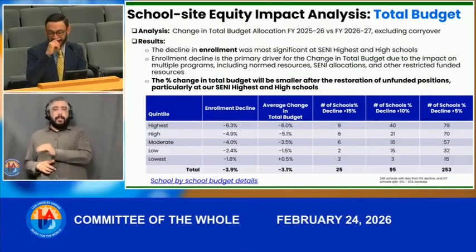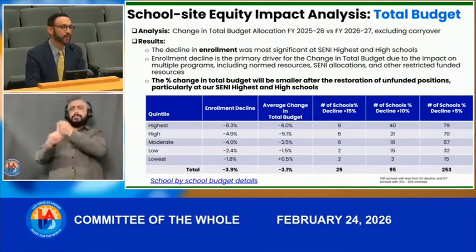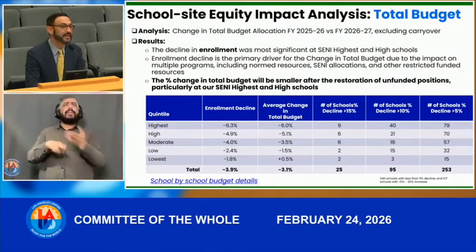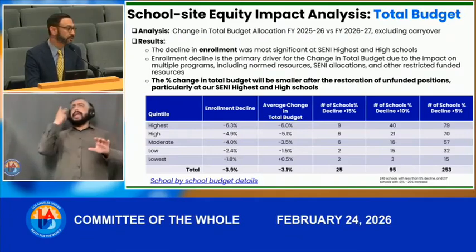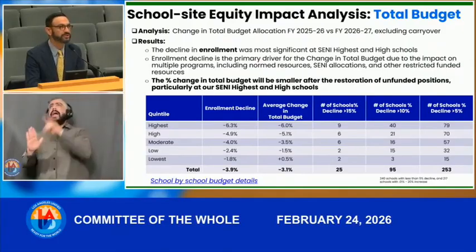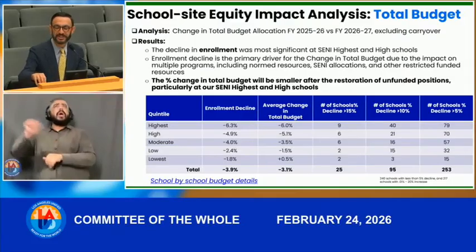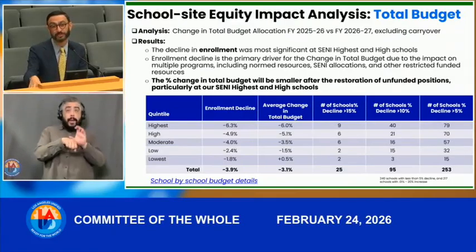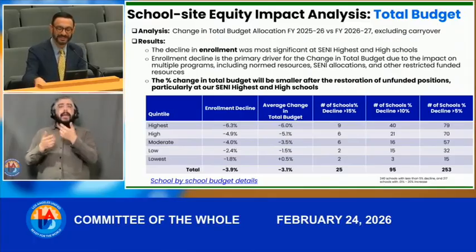So I want to pause here for a second. You might be asking yourself, why would schools see an average increase in allocations, even though their enrollment decline for the lowest quintile schools was still a decline, much less of a decline than our other schools? The reason is, even the norm allocations that schools receive get more expensive every year. The biggest example of that is benefit costs.